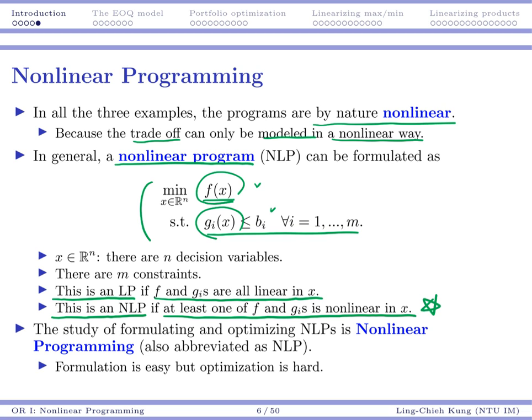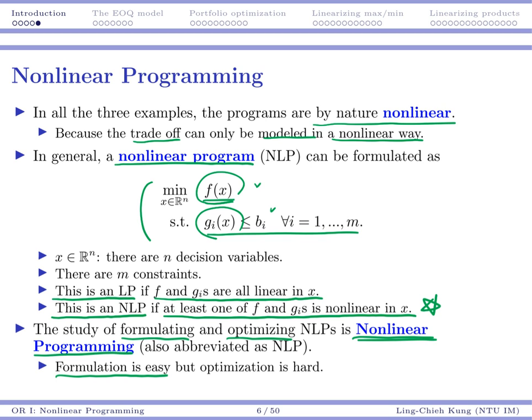That's why in many cases we really need to do nonlinear programming, and that's also a very important part of this whole course. The course about formulating and optimizing nonlinear programs is called nonlinear programming. In general, the formulation would be easy. We don't need to worry too much about linearization, or about using integer variables to do this and that.